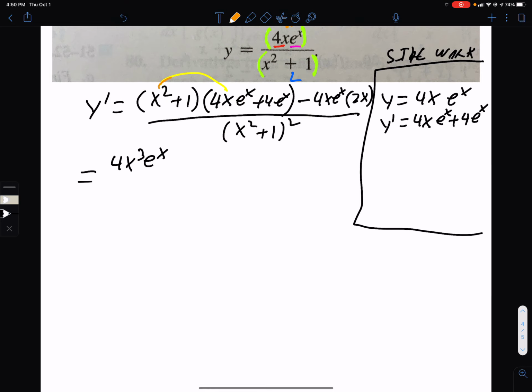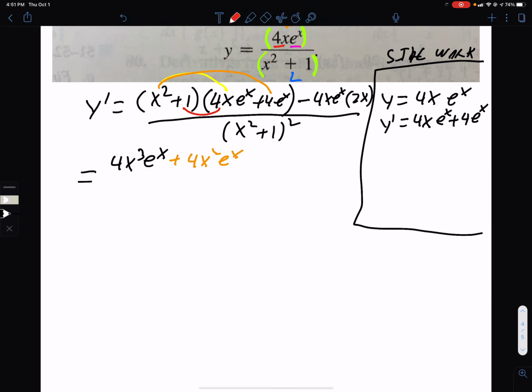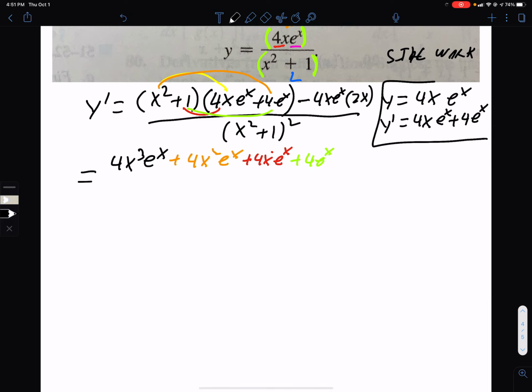Then I'm going to do that. That's going to get me 4x squared e to the x. And then I'm going to do that. That's going to get me plus 4x e to the x. And then I'm going to do that. That's going to give me plus 4e to the x. And I need to clear this out of the way. It's in the way. This is my side work here.